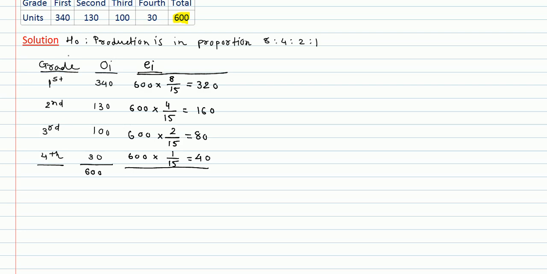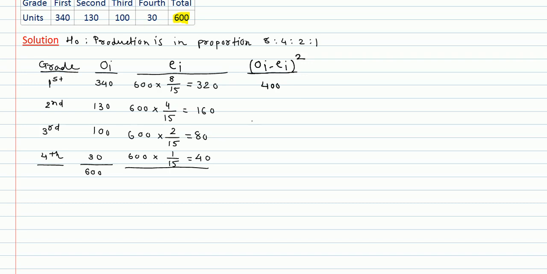Now we have to find OI minus EI whole square, or we can directly find OI minus EI whole square upon EI. Okay. Now see, 340 minus 320, we get 20. 20 square is 400.